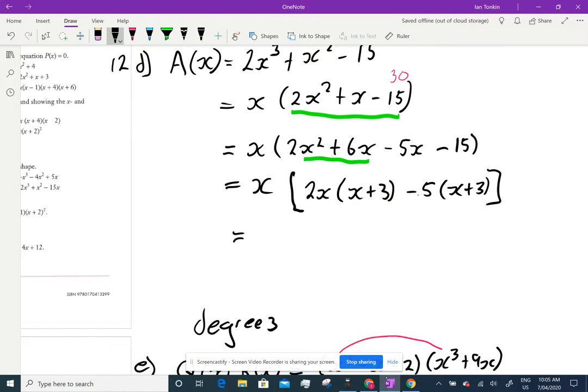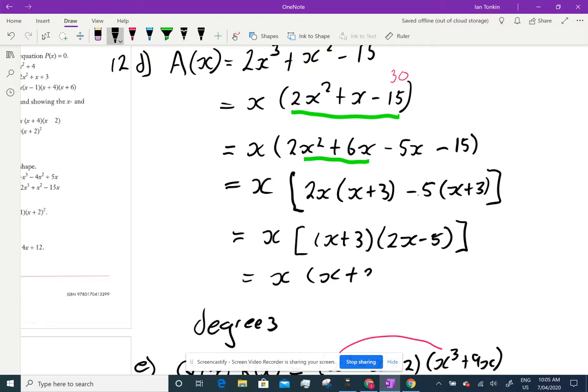And then I write that as x plus 3, 2x minus 5. And then I can dispense with the square brackets: x plus 3, 2x minus 5.